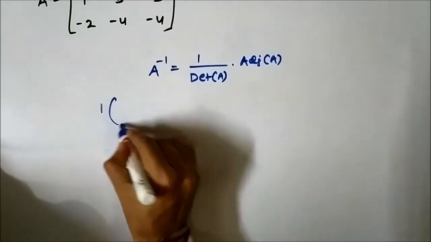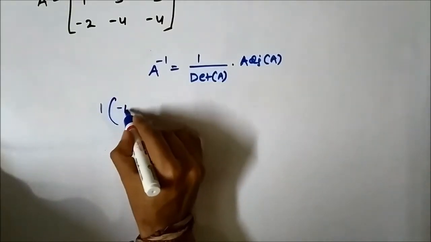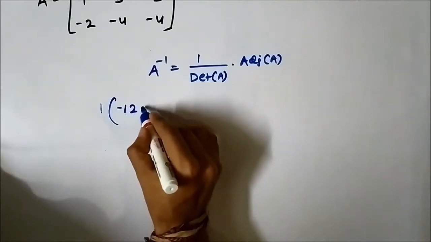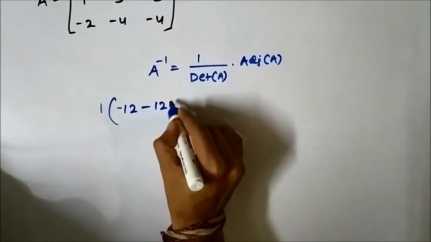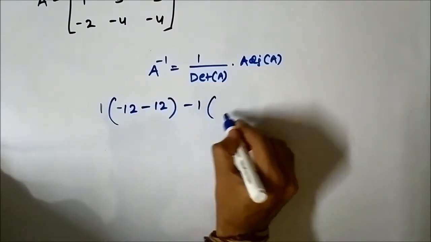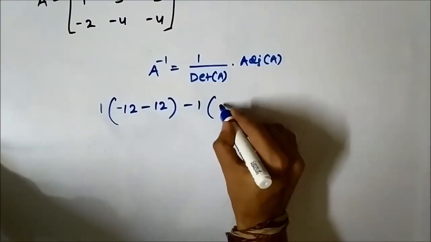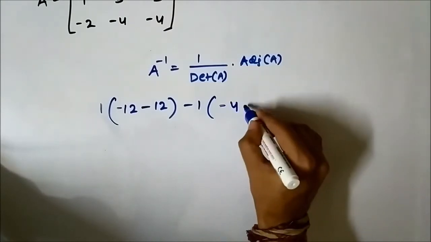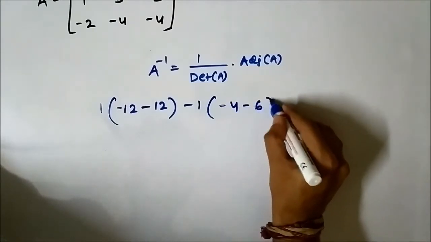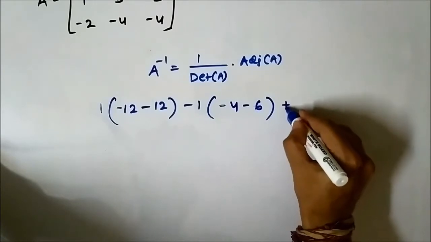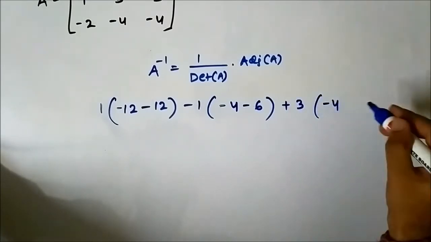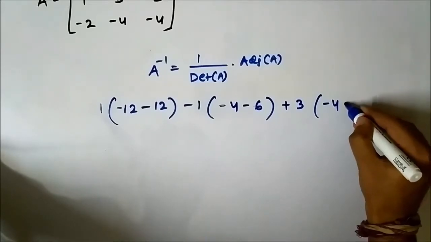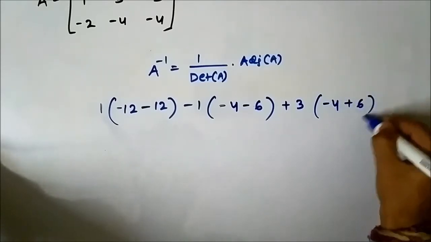So it is into minus 12 minus 1 into minus 4 minus 6 plus 3 into minus 4 plus 6.